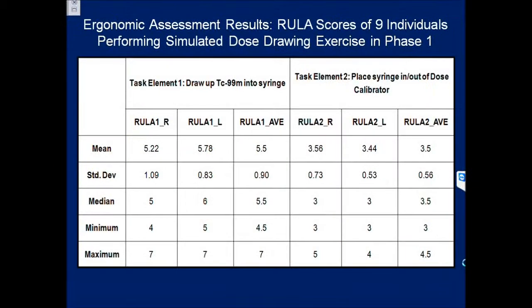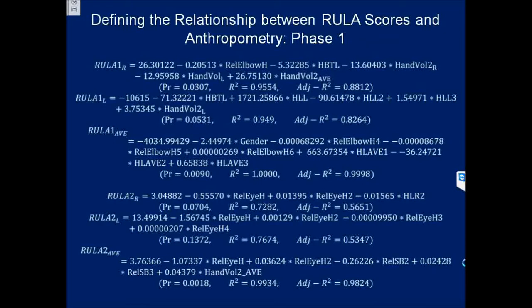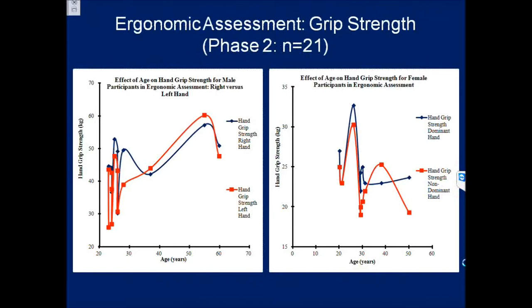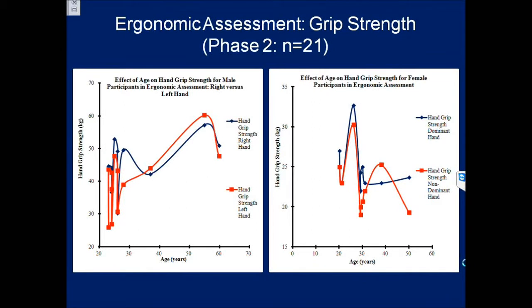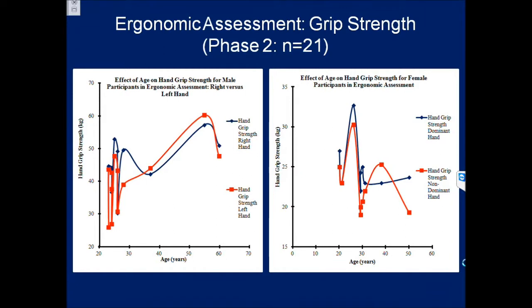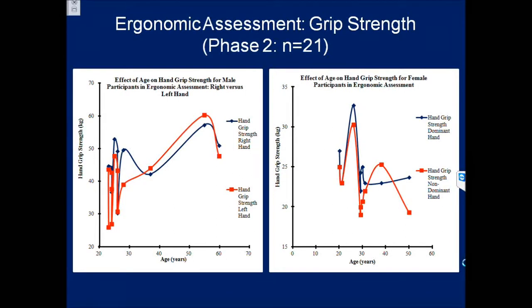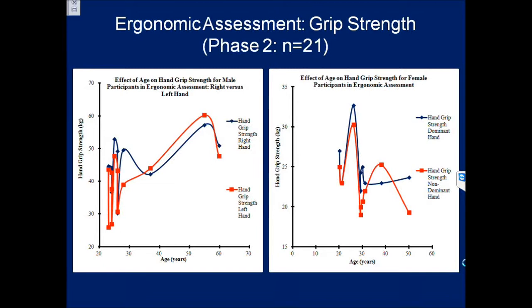And then my RULA scores with my radiation assessment, I found all of the tasks needed further investigation, with some of them needing change pretty quickly if it was possible. And then I also, like I said, defined some relationships between RULA and anthropometry. And then in phase 2, after doing my measurements of anthropometry, I did an evaluation of hand grip strength. And basically my hand grip strength results fell within what the US normals are.